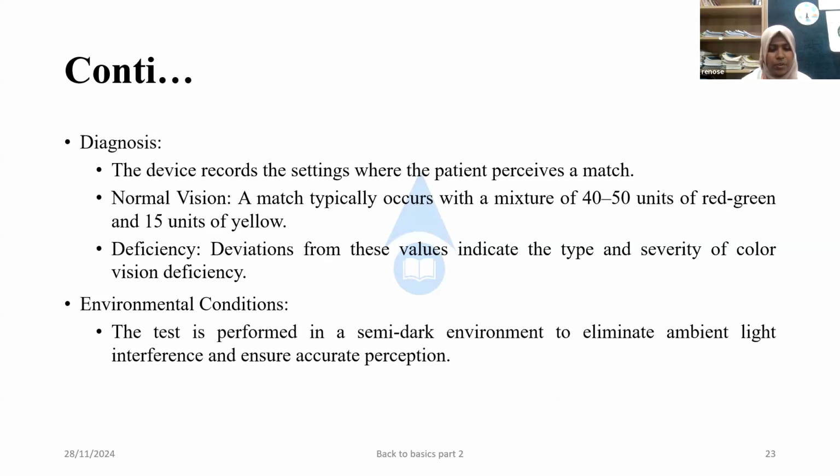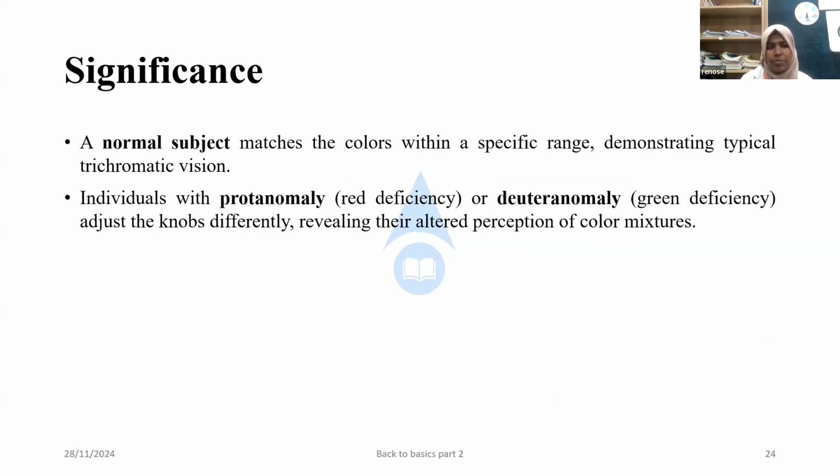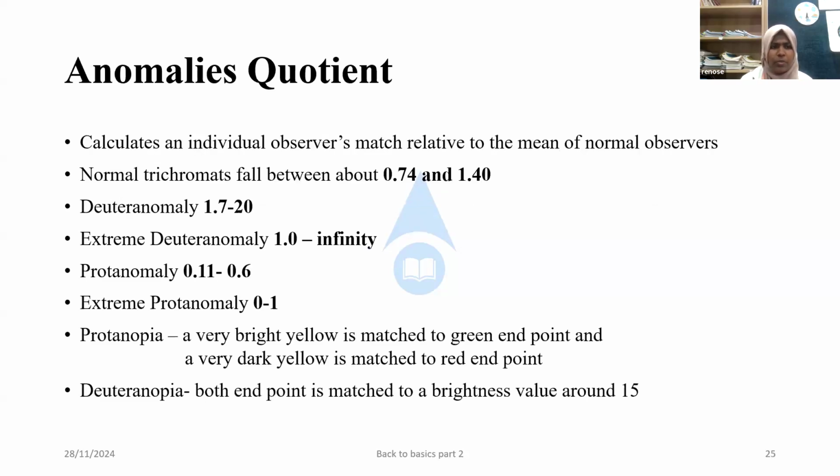Environmental condition: the test is performed in a semi-dark room to eliminate ambient light interference and ensure accurate perception. Significance: a match within a specific range demonstrates typical trichromatic vision. Individuals with protanomaly, red deficiency, and deuteranomaly, green deficiency, adjust the knobs differently, revealing the altered position of the color mixture.